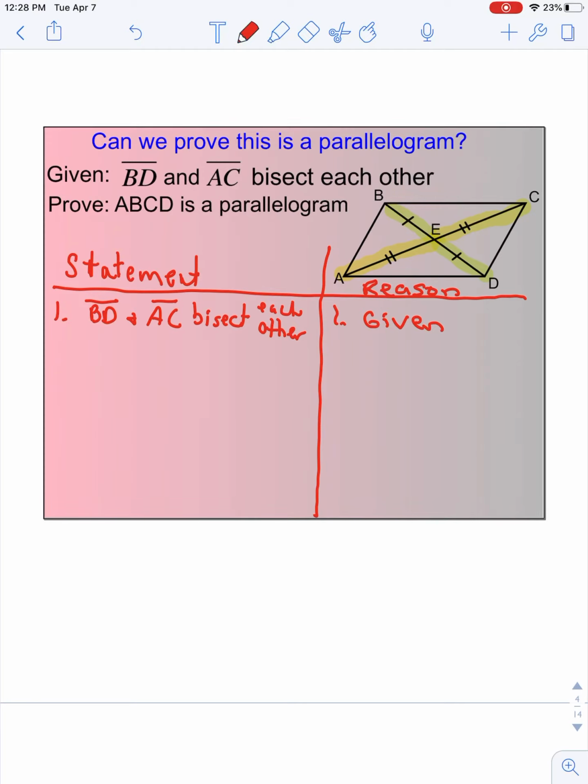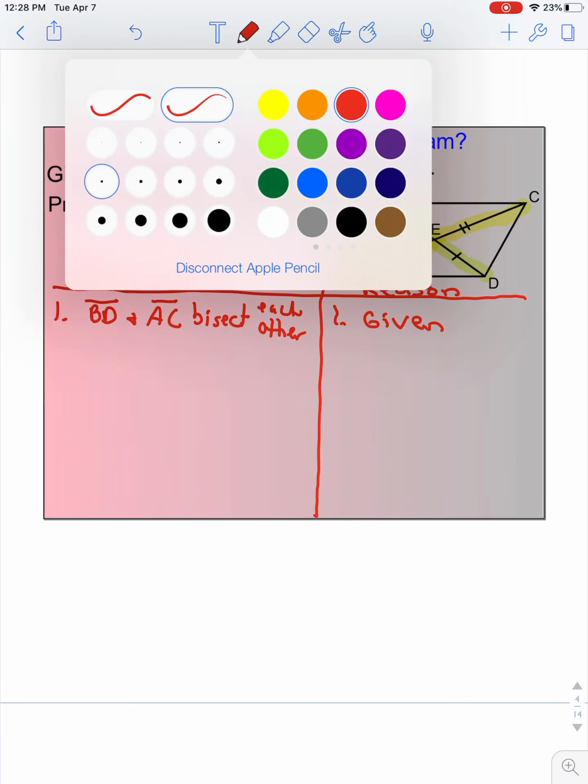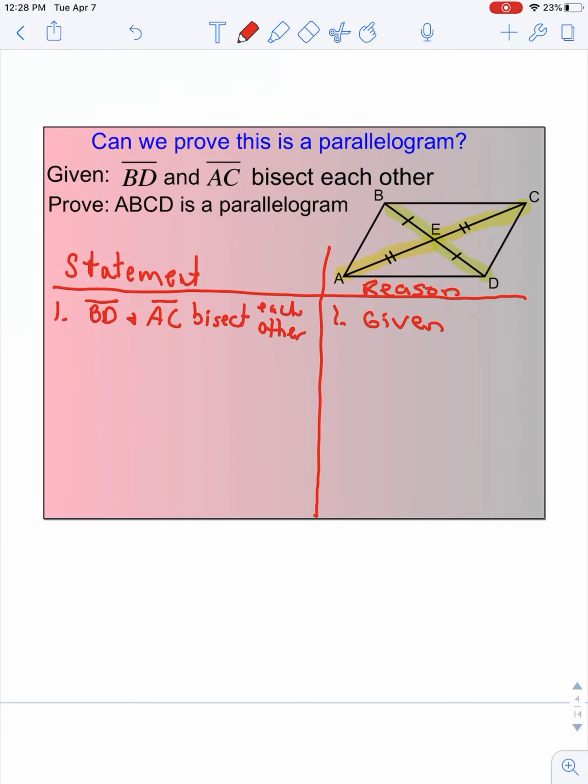So that's really the first step that we would do: we would simply state that BE is congruent to DE, and that AE is congruent to CE.